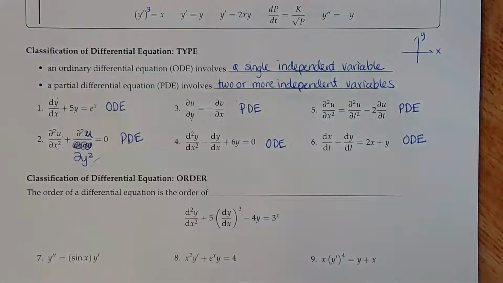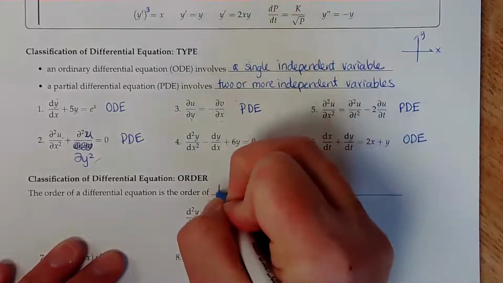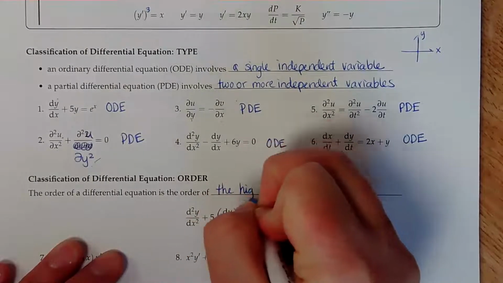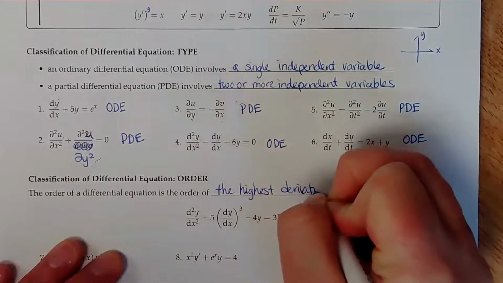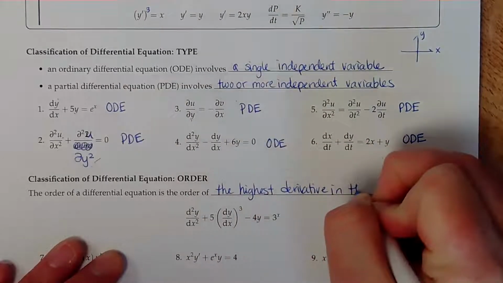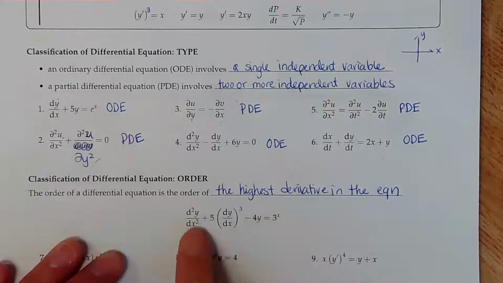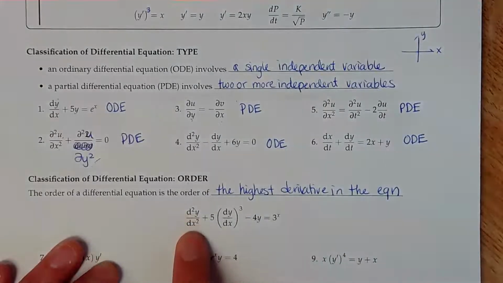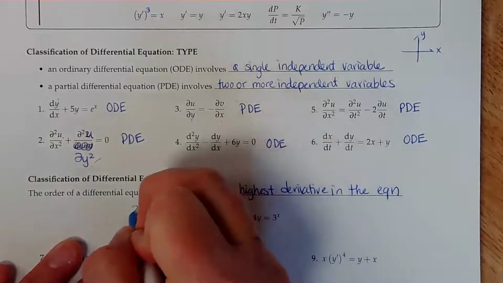Another way we can classify these is by order. The order is the highest derivative in the equation. Let's take a look at this example here. This is the second derivative of y with respect to x, so this is second order.